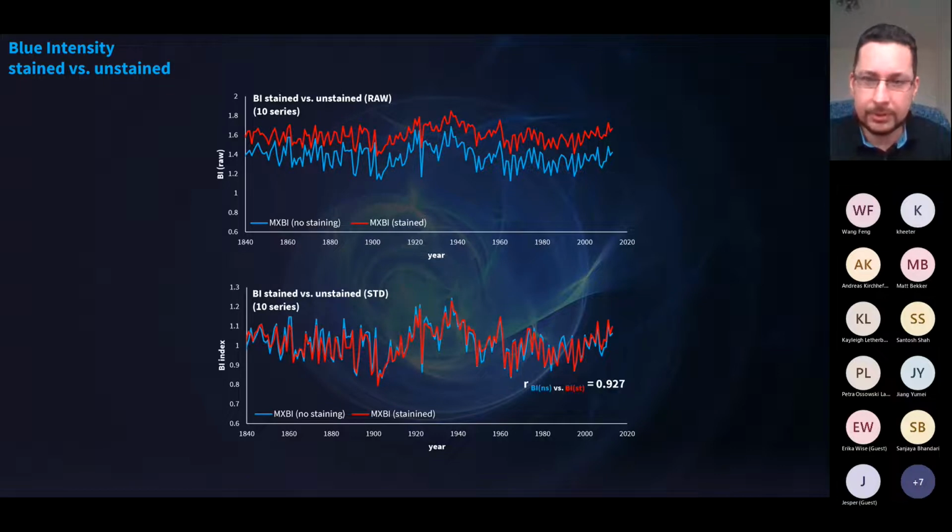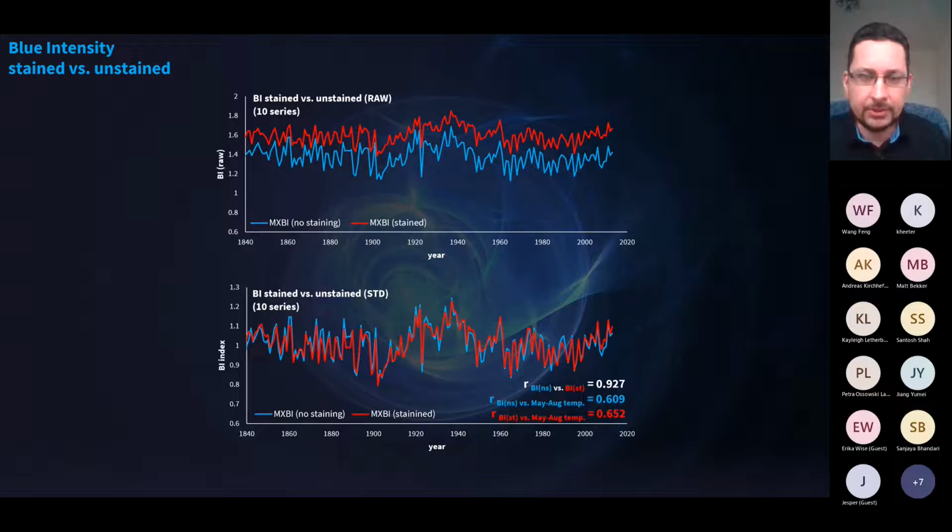The correlation between the two series is 0.927, so essentially identical. Interestingly, in this case the correlation of the unstained version with temperature is 0.61, and for the stained version the correlation jumps up noticeably to 0.65.